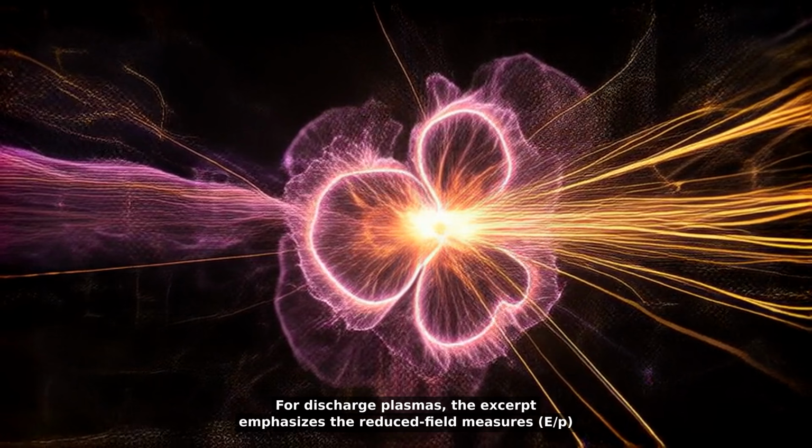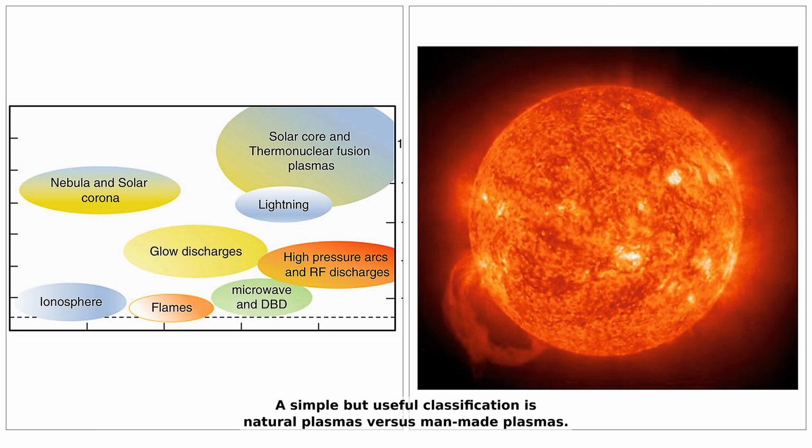For discharge plasmas, the excerpt emphasizes the reduced field measures, E/P and E/N, where E is electric field and P or N characterizes the neutral background. For narration, the point is that these ratios are practical knobs that correlate with electron mean energy and thus with reaction pathways.